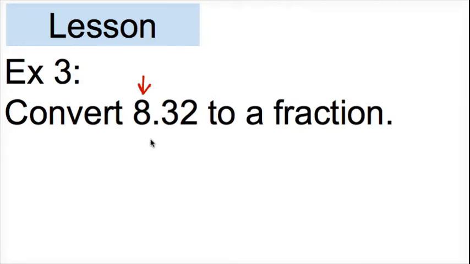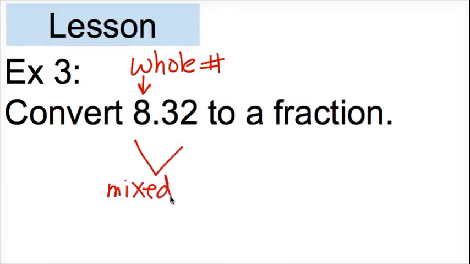It's a part of something. But what about this 8? Is it a partial number or a whole number? It's a whole number. So what happens with fractions when you have a whole number and a part of a number? Hopefully, you remembered that you end up with a mixed number. In fractions, when you have a whole and a part, you get a mixed number. That's exactly what we're dealing with here.